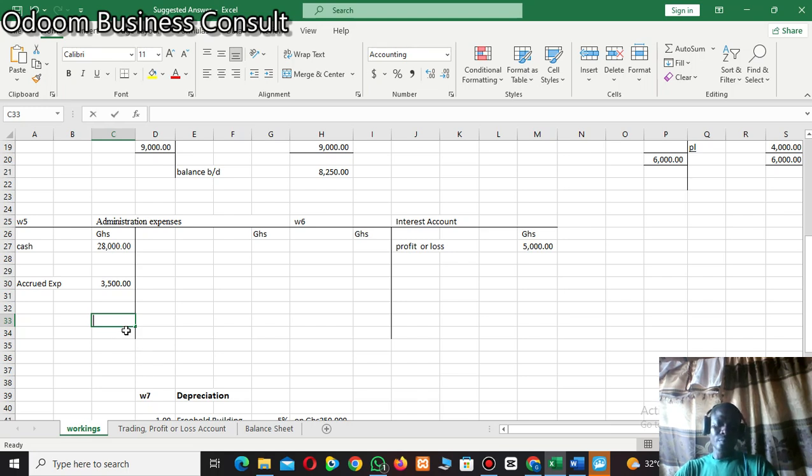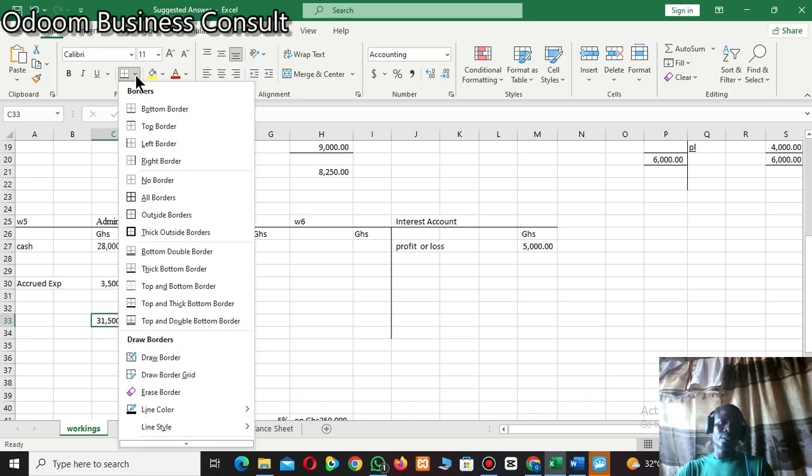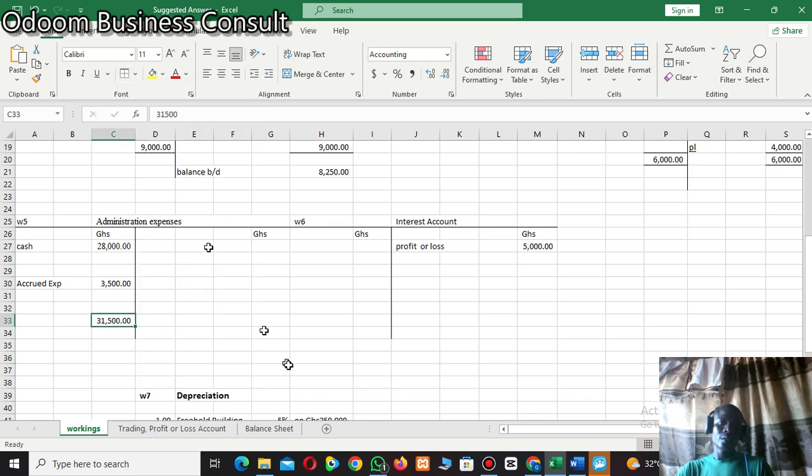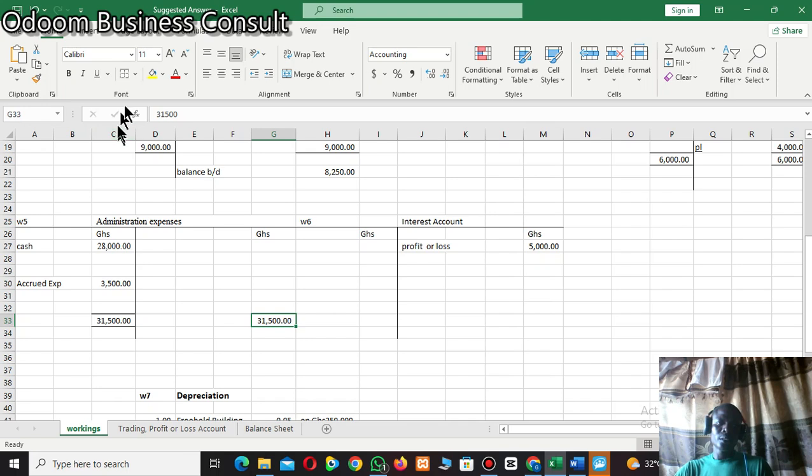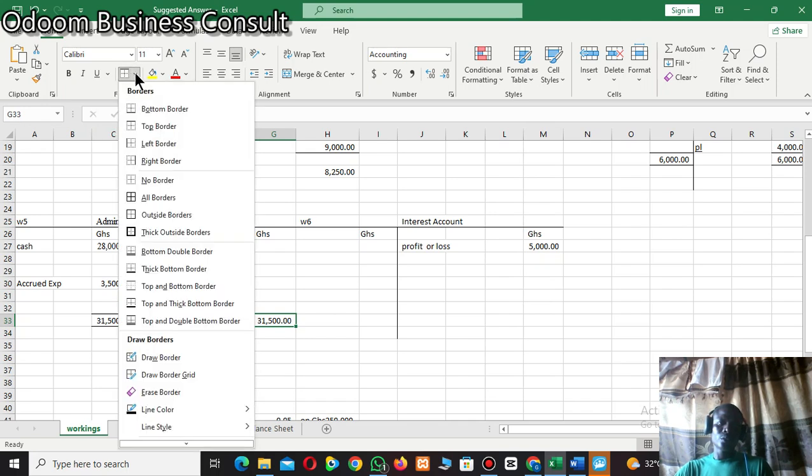So we have 31,500 as an expenses for administration expenses for the year. Okay, we have 31,500. I want to format it so that it is very nice and easy to read.